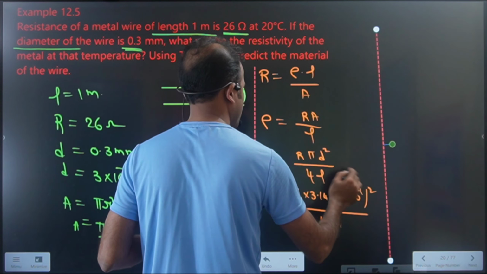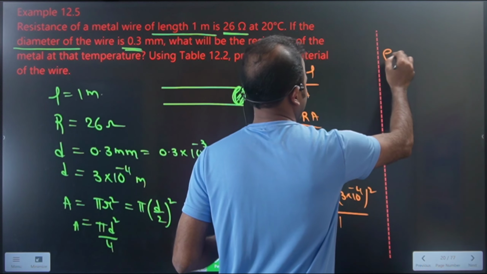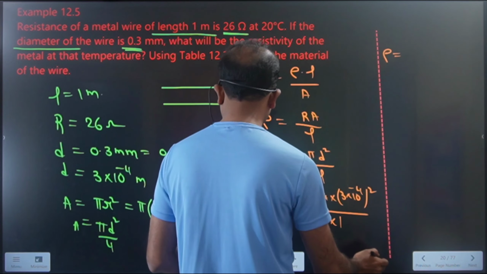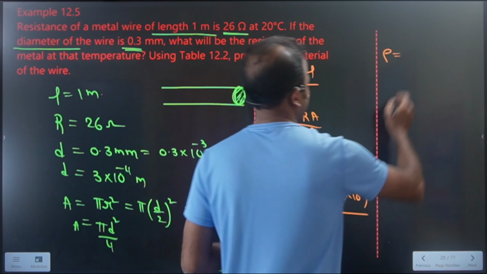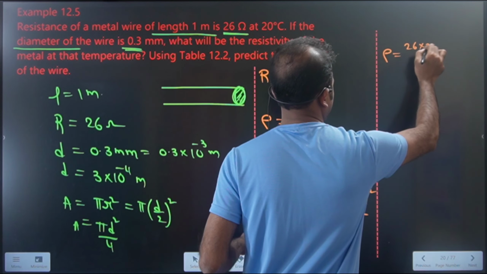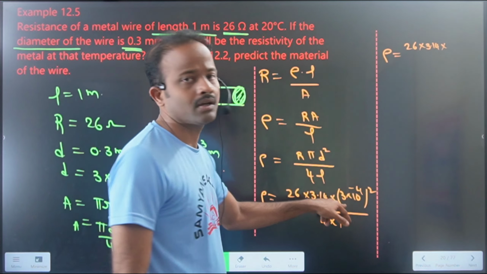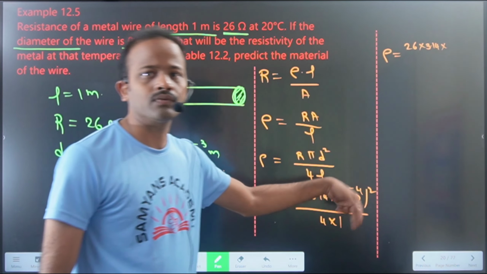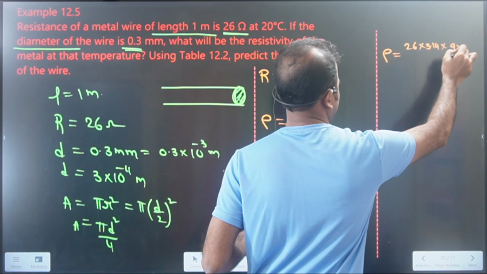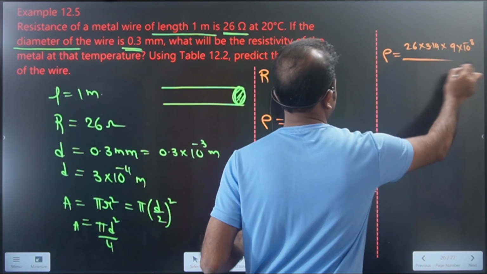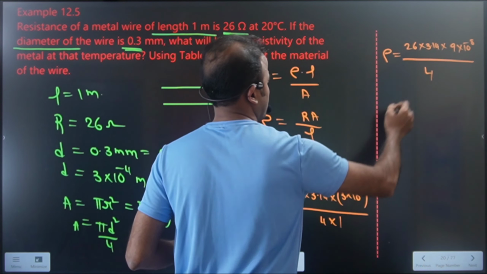Okay, now you do the calculation. Rho equals 26 into 3.14 into 3 into 10 to the power of minus 4 whole square. So this we can write as 9 into 10 to the power of minus 8, divided by 4.